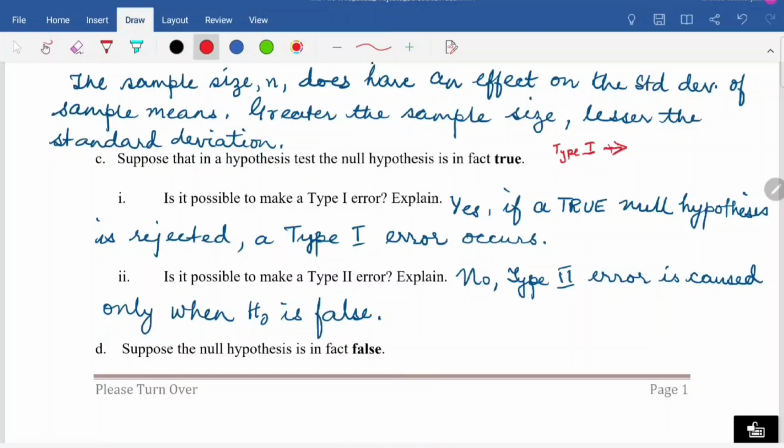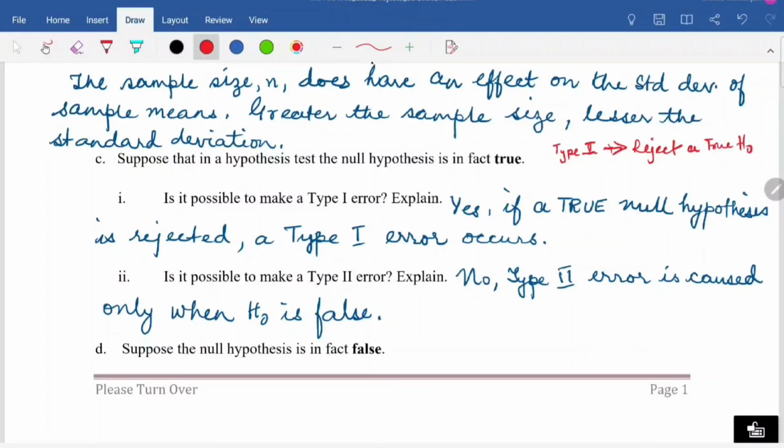In that lecture I said, think about this I as innocent, just as a mnemonic to help you remember. So when the null hypothesis is innocent and we reject it, we end up rejecting a true null hypothesis.